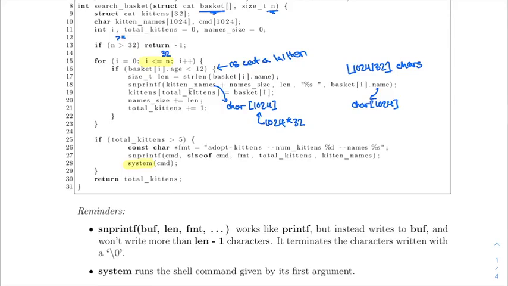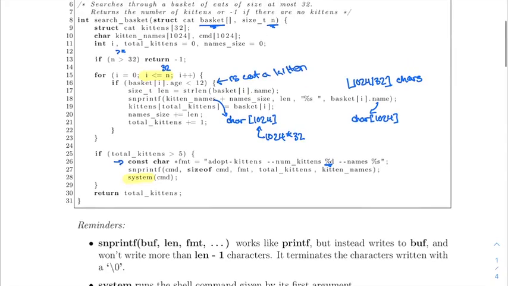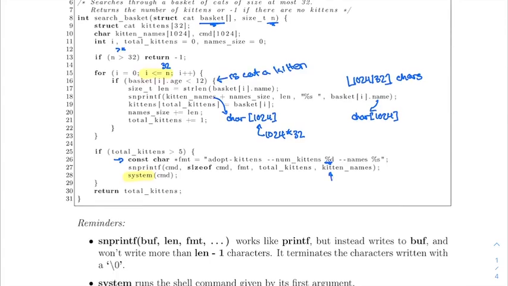The problem is that when you're running the system command defined on line 26, you are taking in user input, or in this case, input derived from the parameters that the user passed in. As we indicated before, the values of kitten names and total kittens, while not directly manipulated by the user, can be very easily indirectly manipulated by a user who provides a certain special set of inputs.